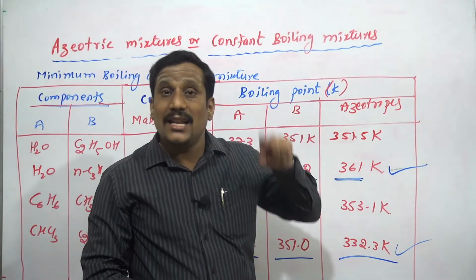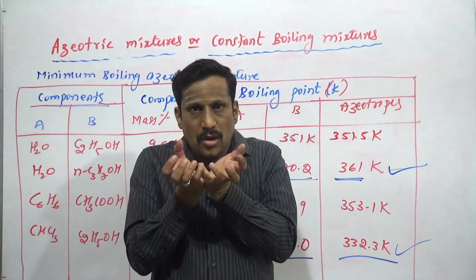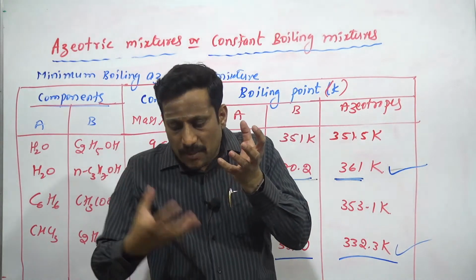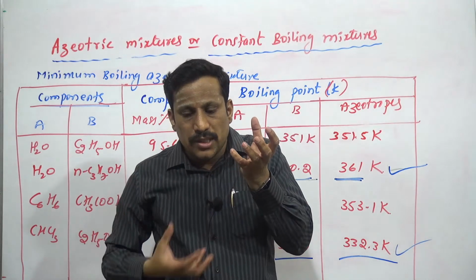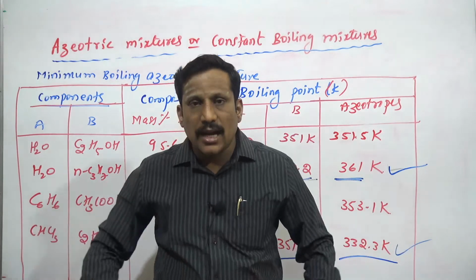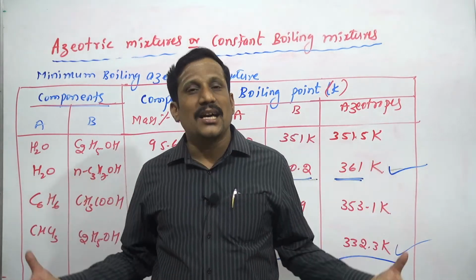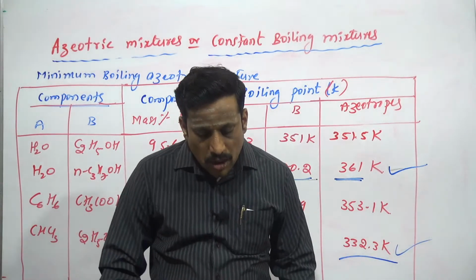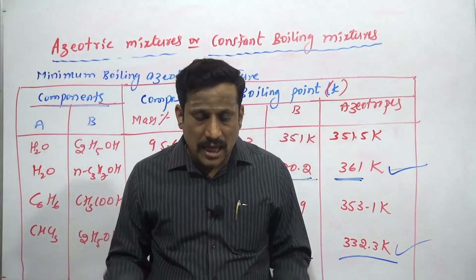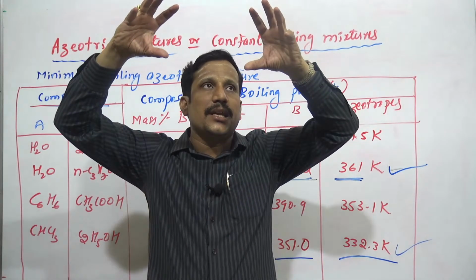At 100 degrees centigrade, what happens? The H2O molecules which are present in the liquid, once we are heating that, they get sufficient energy. Their kinetic energy increases. So, water molecules which are present in the liquid come to the surface of the liquid at 100 degrees centigrade.